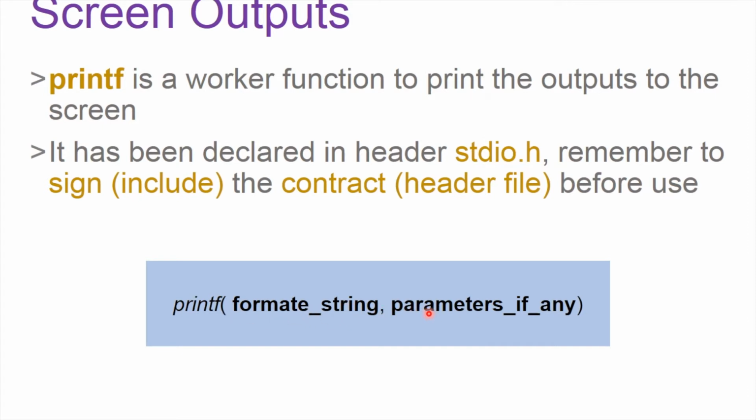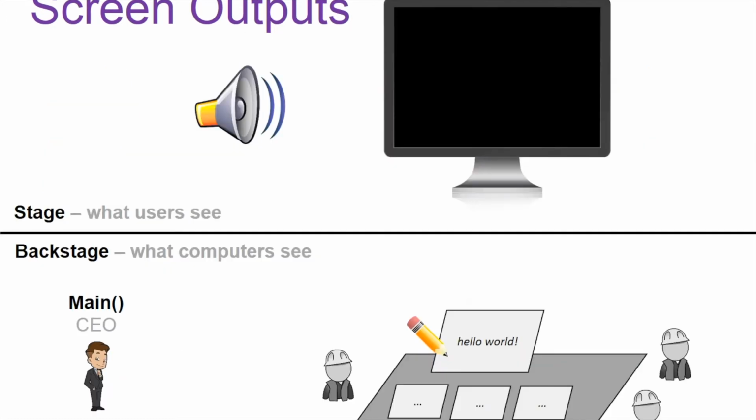You have to give a format string, followed by a comma, and then you put the parameters. Let's look at it from the computer's point of view. For every program, most of the things are actually done in the backstage.